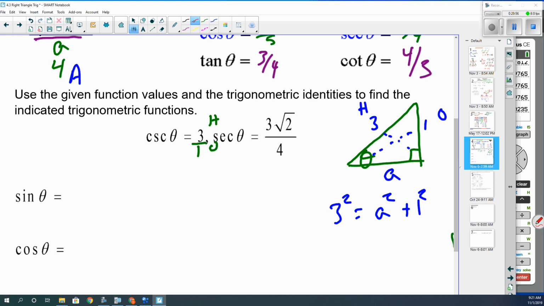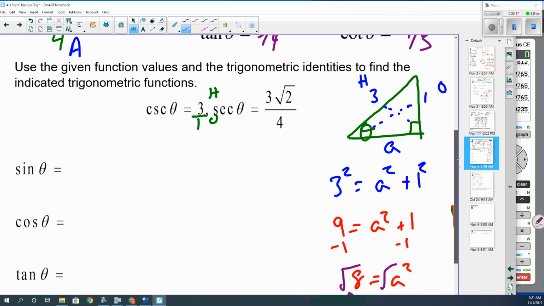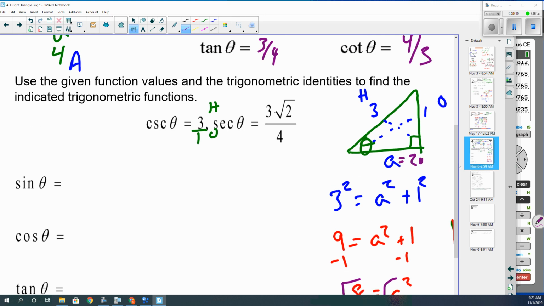So 3 squared is 9, so I get 9 equals a squared plus 1, minus the 1 over, and I get 8 equals a squared, and then I would do the square root of that. So the square root of 8, I know 8 is 4 times 2, and 4 is 2 times 2, so I can group 2's together and have 2 root 2. So I now know my length of a right here, that should be 2 root 2, and that's going to be my adjacent.